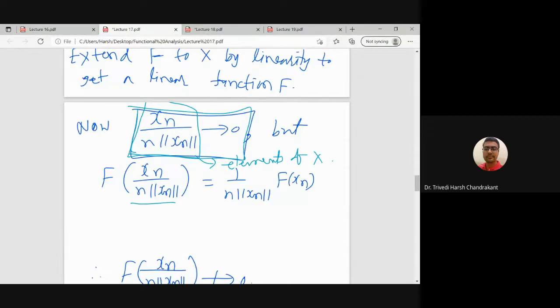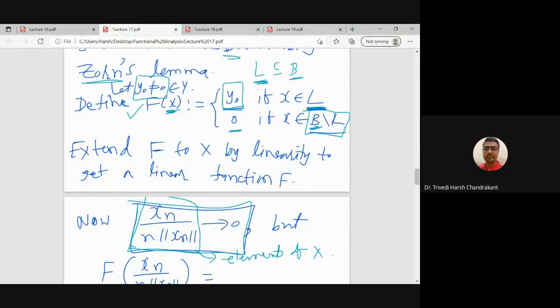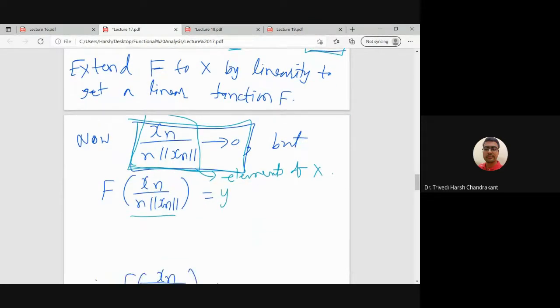So there was a confusion. So let us change it. So what is f of xn? Whenever we apply f on the non-zero elements, it gives the value y naught. Right. So why is it y naught?